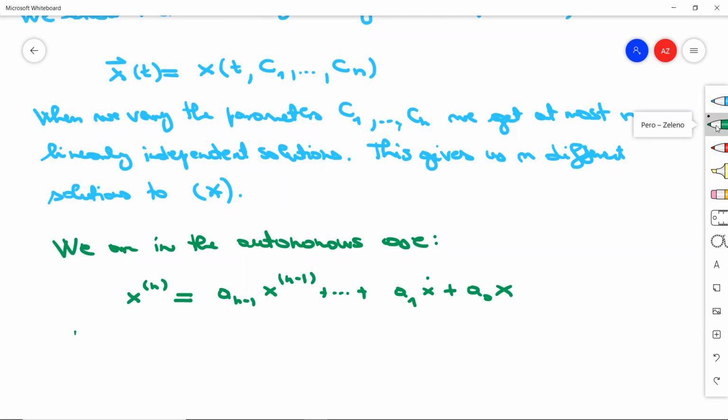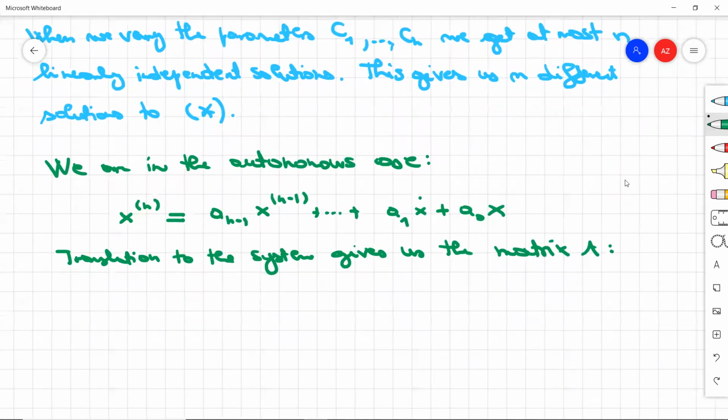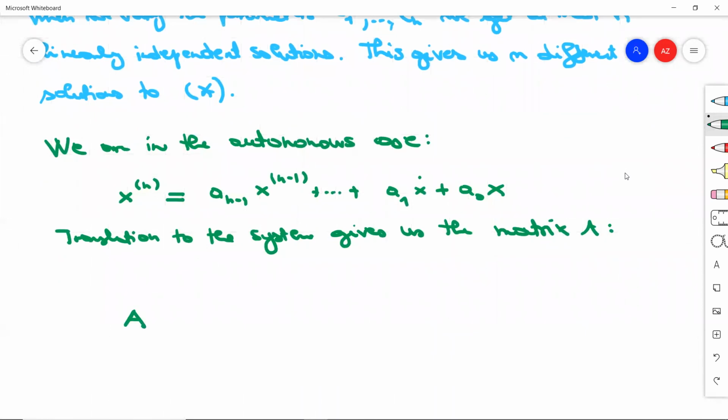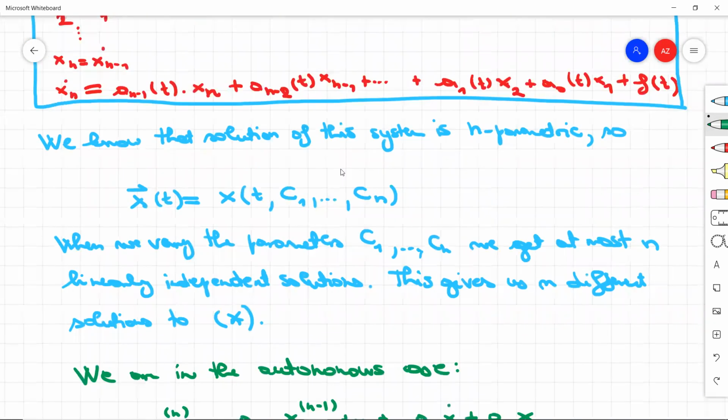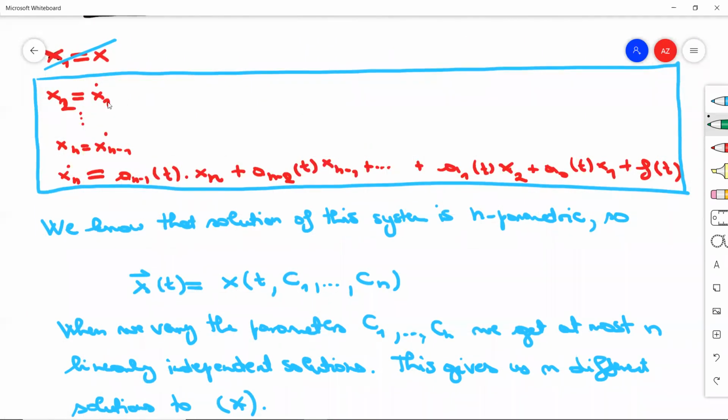So when we do the translation to the system, it gives us the matrix A of this form. So if we look above, the first n minus 1 equations will be just x1 prime is x2.